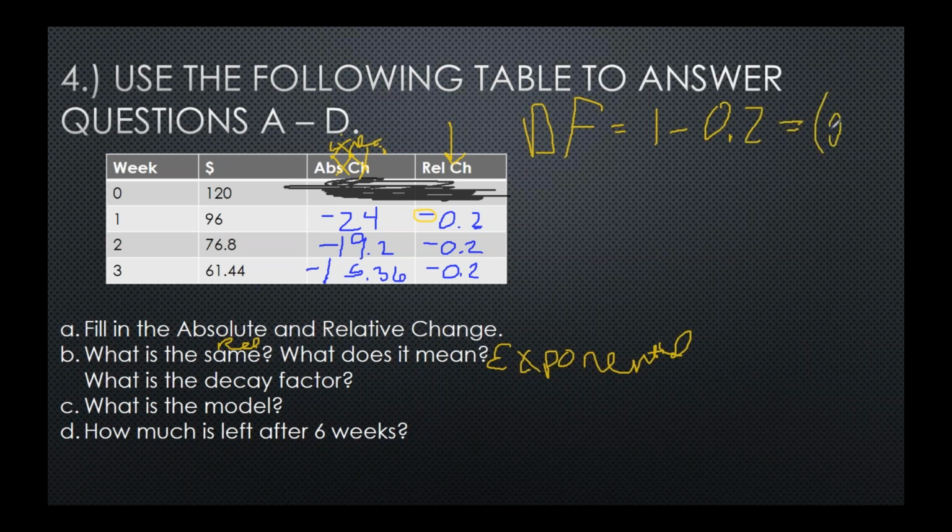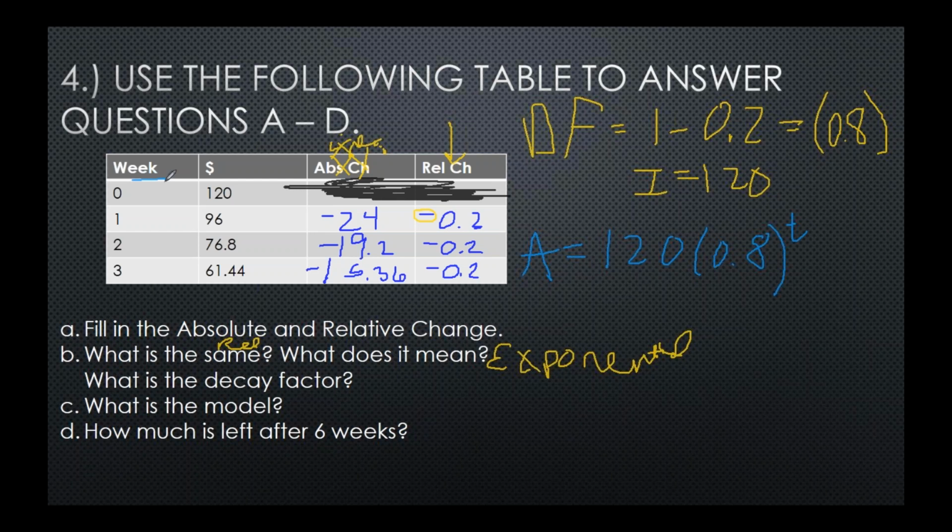So my decay factor is 0.8. What is my initial amount in this particular problem? 120. Very good. So that makes my model A equals initial amount of 120, decay factor of 0.8 raised to the t power, where again t represents weeks in this particular problem.